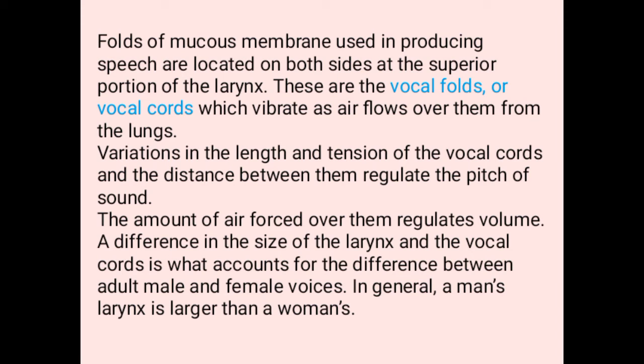Remember, the length of the vocal cords determines the pitch of sound. And the amount of air that is forced over them regulates the volume of the sound produced. A difference in size of the larynx and vocal cords accounts for the difference in adult male and female voices.